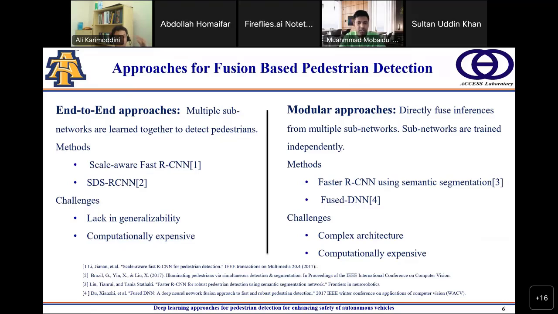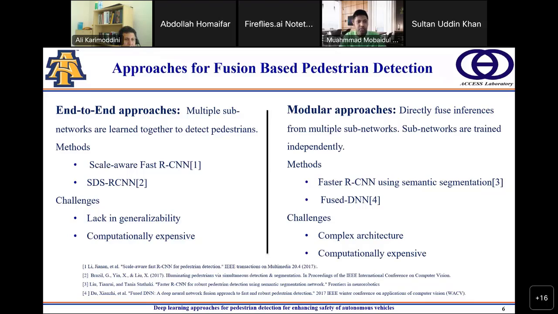Examples of the end-to-end approach are Scale-aware Faster RCNN and SDS RCNN. The challenges in this end-to-end approach are that they lack generalizability while detecting pedestrians, and they are computationally very expensive. Examples of the modular approach are Faster RCNN using a semantic segmentation network, and Fused DNN. The challenges in the modular approach are that most of them have complex architectures, and they are also computationally very expensive.